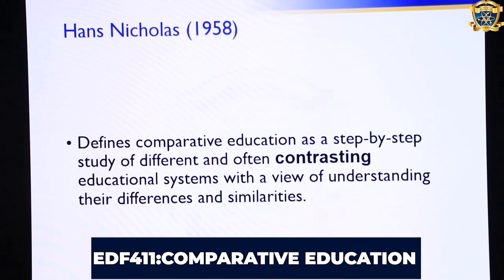So Hans Nicholas basically said that comparative education is like going step by step, studying different education systems. Sometimes they look totally different, sometimes they look quite similar. The whole point is to understand those differences and similarities. In other words, it's like looking at both the contrast and the common ground. We get a clearer picture of what works and what doesn't, and why it works or why it doesn't.